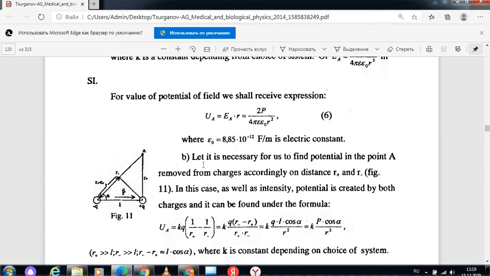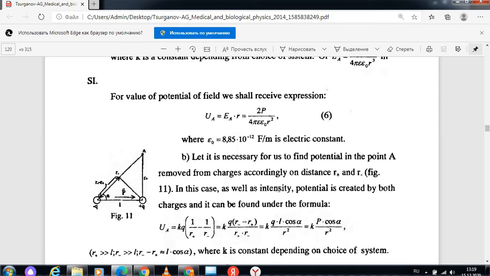So we need to make some necessary explanation to find the potential at point A, removed from the charges accordingly by the distances r plus and r minus on figure 11 here.